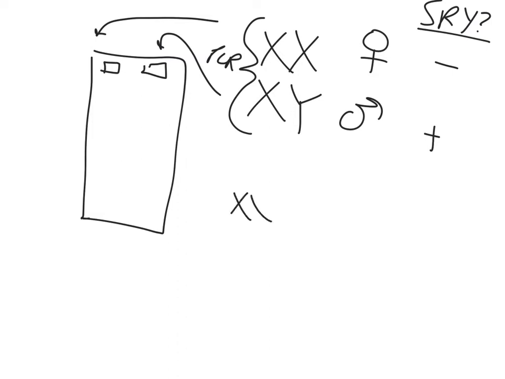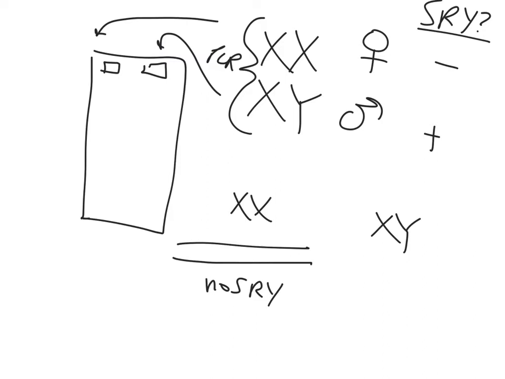On the X chromosomes, there is no SRY. If we depict primers as single-headed arrows, they don't have anything to hybridize or base pair to, because these are complementary to parts of the SRY gene. And if there's no SRY gene, there's no hybridizing, there's no PCR, there's no amplification or synthesis of DNA.